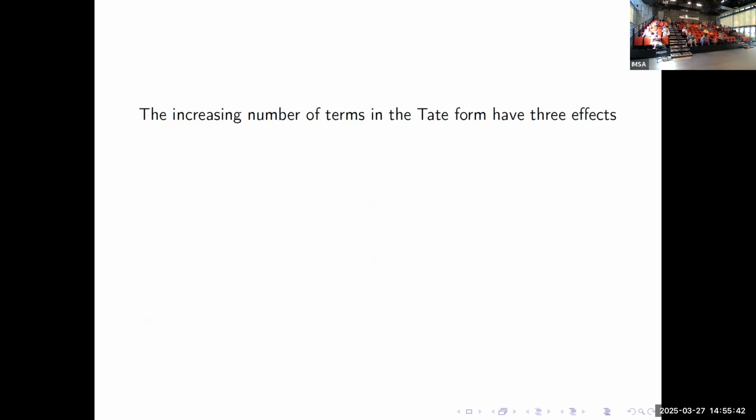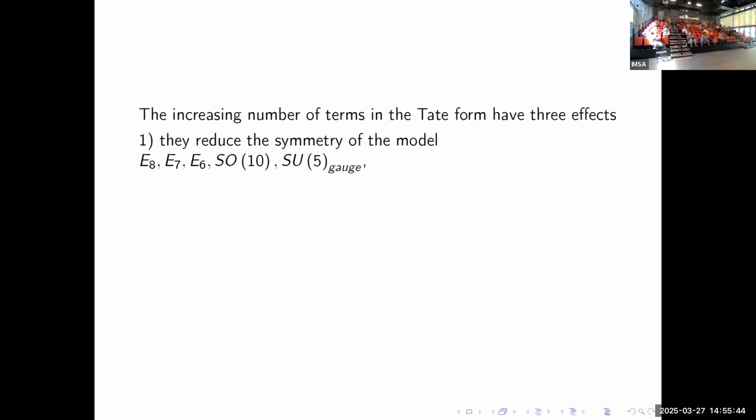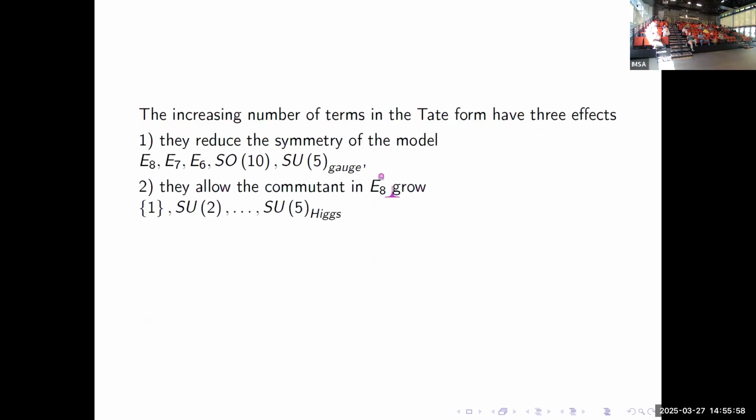The increasing number of terms has 3 effects. They reduce the symmetry of the model, E8, E7, E6, SO10, and SU5 gauge. So they allow the commutant of that decreasing sequence to be an increasing sequence, right?